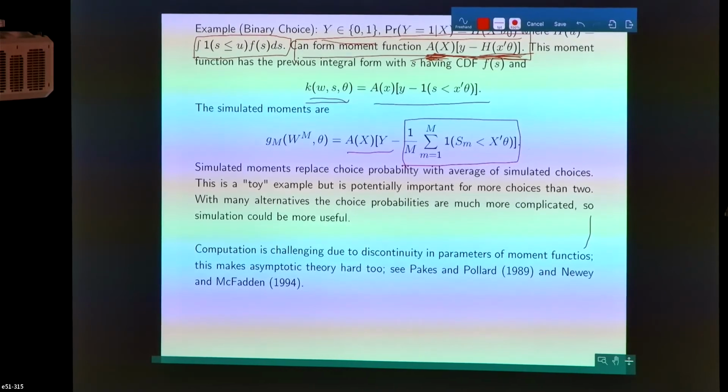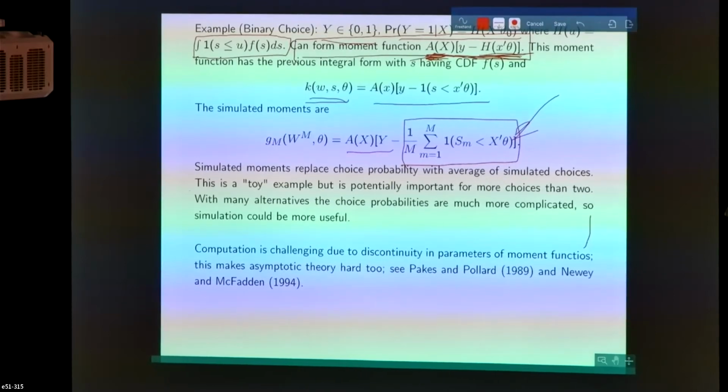That's a toy example, but you can see some things. This is a lot harder estimation problem. Why? Because these moment functions are discontinuous in theta. That's the thing with binary choice here, and more generally with multinomial choice: you can easily get moment functions that are discontinuous in theta.